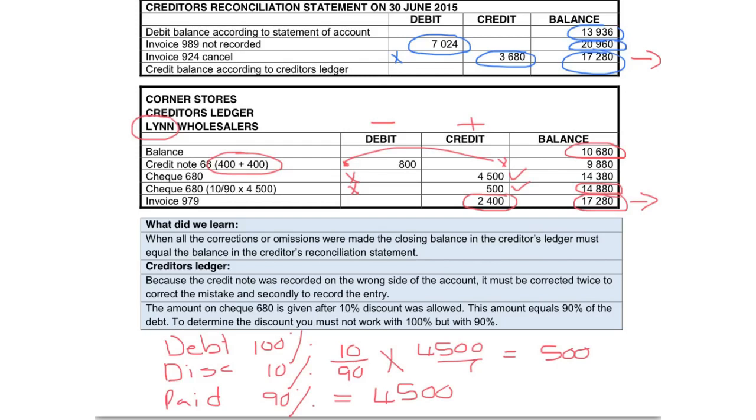In the creditors reconciliation, we will record entries that increase debt on the debit side. So always take into account that the creditors ledger is done in the opposite way of what it will be done in the creditors reconciliation, because the creditors reconciliation is done in the same way as the wholesalers will complete this entry.